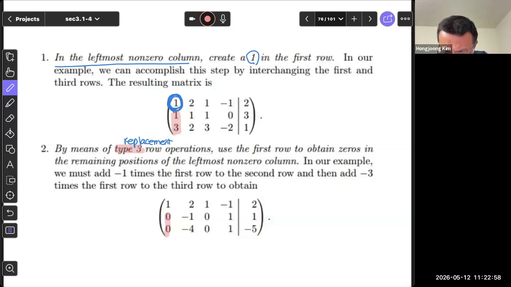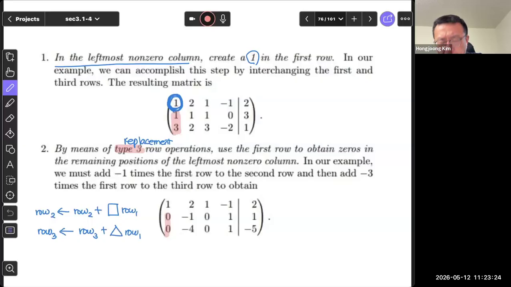Meaning row 2 will be replaced by row 2 plus some number multiple of row 1. And in a similar way, row 3 will be replaced by existing row 3 plus some number multiple of row 1.